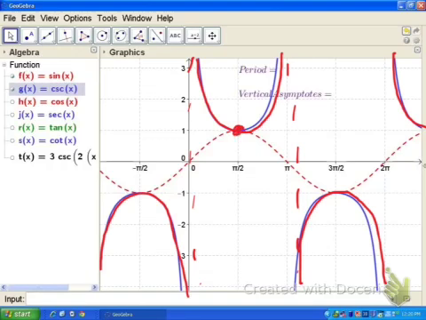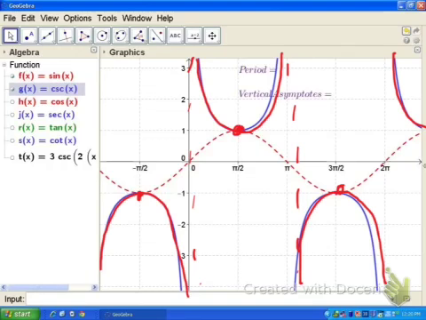And they touch at these places at 1 and negative 1. But we use sine as just a guide to graph cosecant. So later on, when we're asked to graph a cosecant function with lots of different numbers going on in there, we're just going to graph the sine function that has those same values, and then put our vertical asymptotes in and our loop-de-loos, and we've already graphed cosecant.